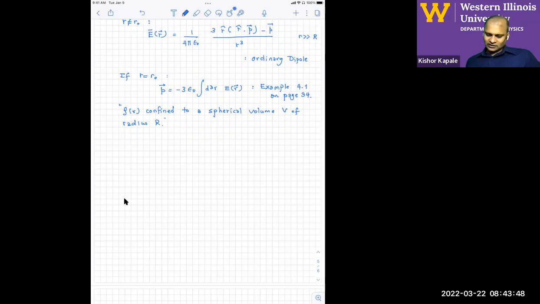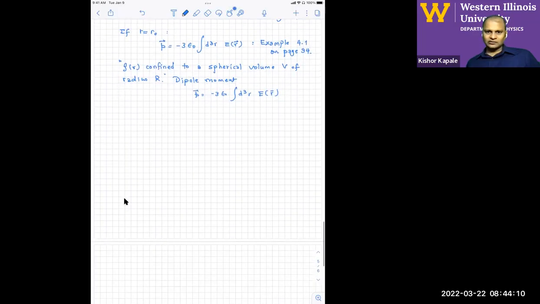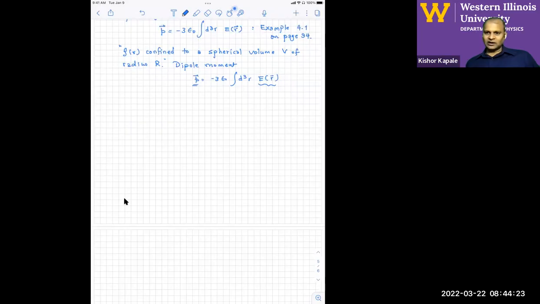So that's the situation. And the problem essentially asks you to prove that the dipole moment of such a charge distribution is given by -3 epsilon 0 d cube R E of R. Okay, and it is done using Coulomb's law, because you could take this expression, substitute Coulomb's law, do the integrals, and as you do the integrals, you will see that it eventually turns out to be the dipole moment.